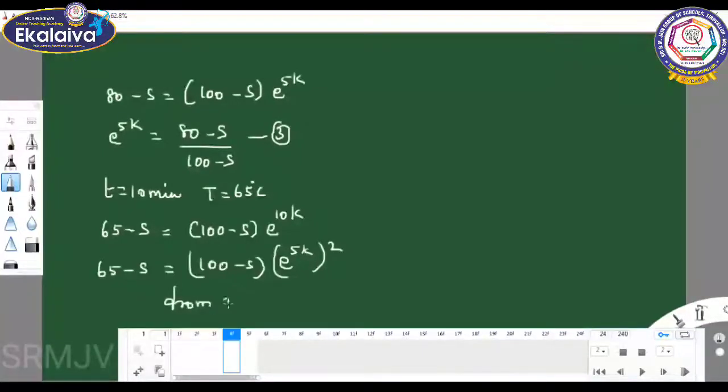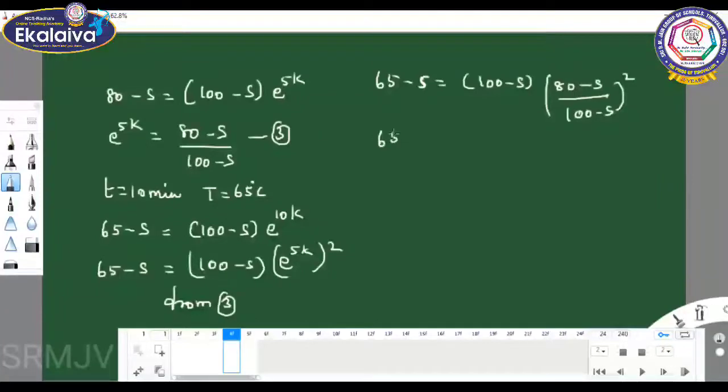So from 3, 65 minus s equal to 100 minus s into e power 5k the whole square, which is 80 minus s by 100 minus s the whole square.